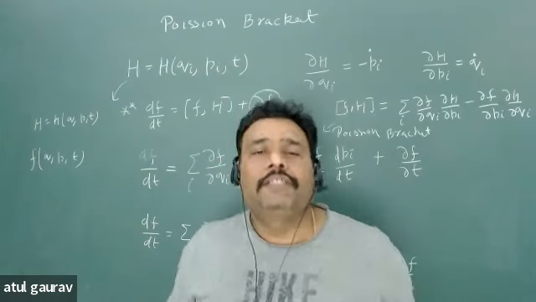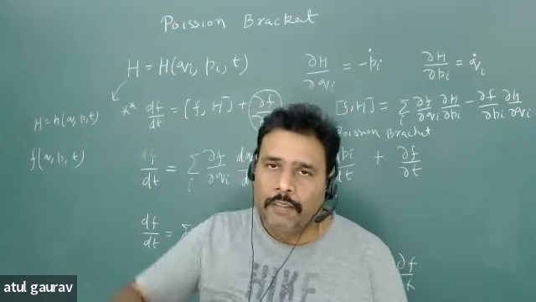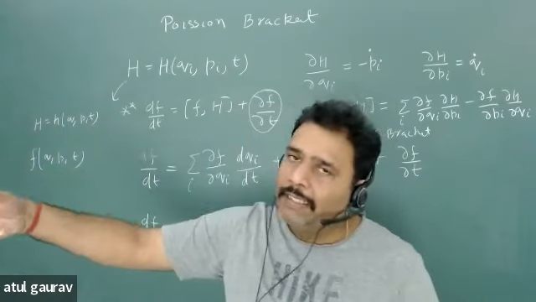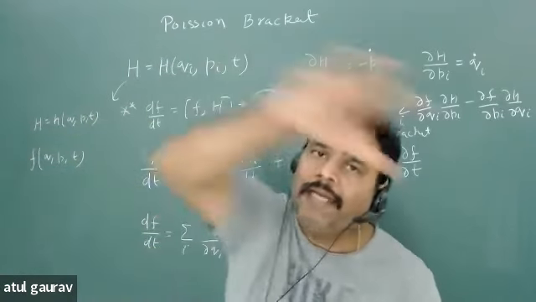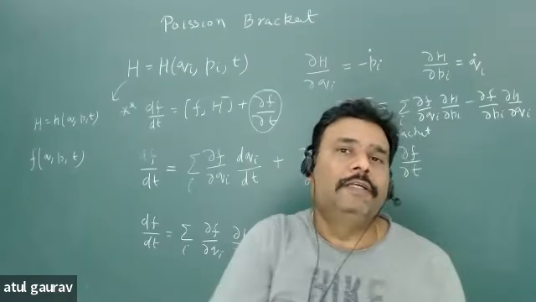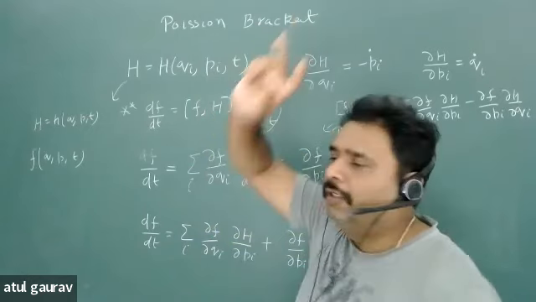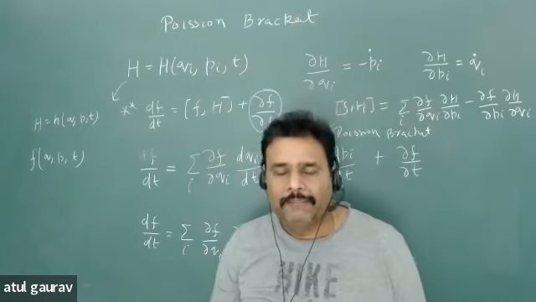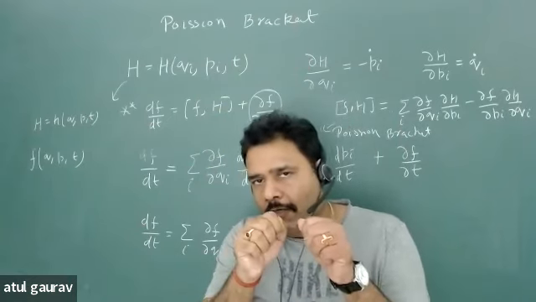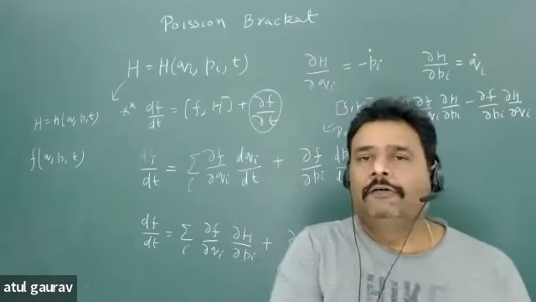But due to Ehrenfest's theorem, or due to this formulation, we know the quantum mechanical phenomena, and we can compare it with the classical phenomena. So that is why it is very important, and why this Hamiltonian is incorporated into quantum mechanics. This Hamiltonian is a wonderful bridge between classical mechanics as well as quantum mechanics.